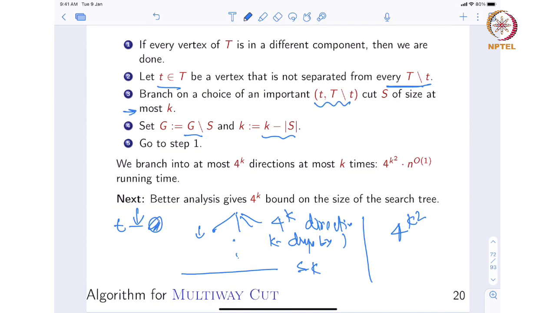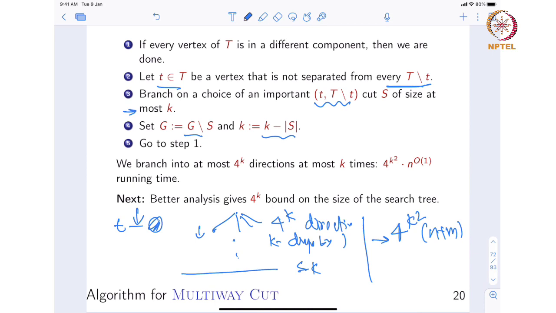So what did we get? This tells us that the algorithm has running time 4 to the power K square n to the power big O of 1. So what is the algorithm? Rather than enumerating minimal cuts, you pick a vertex T which still needs to be separated, and enumerate all important cuts.